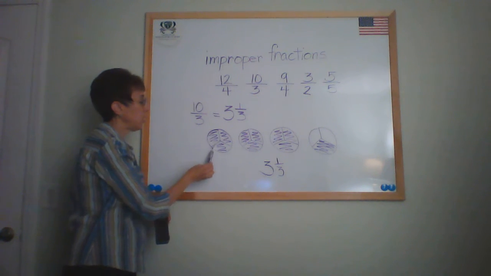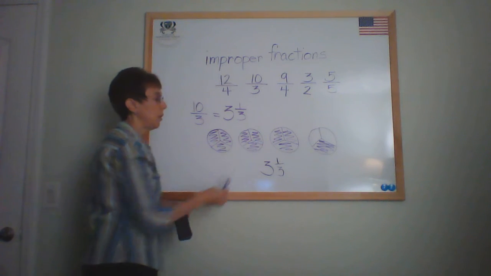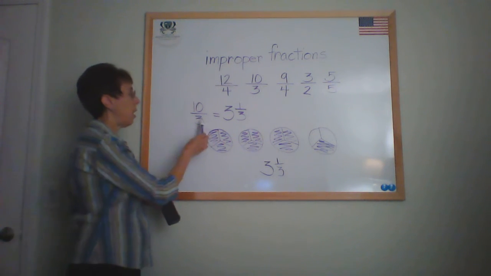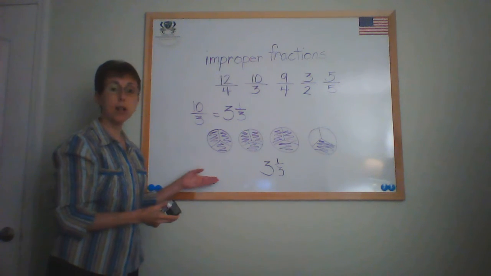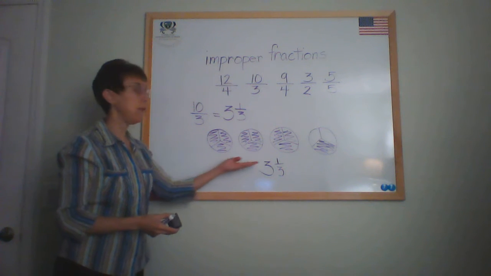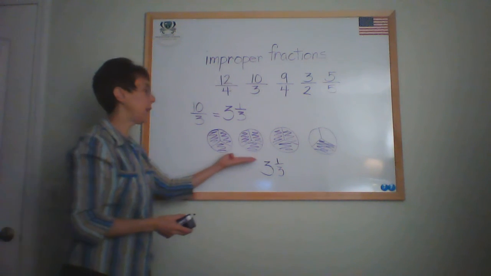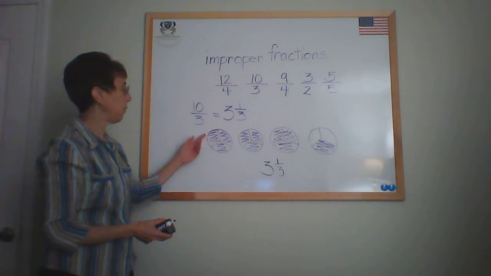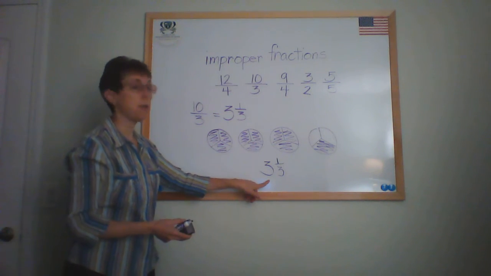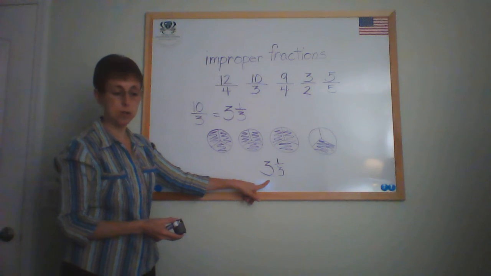But I do need to show that they're divided into thirds. Remember, when you're working with improper fractions and doing your illustrations, you need to show how many parts each figure must have. In this case, you need to show that each figure has thirds. Then when they're shaded in, you can see that you have 3 and 1/3 shaded in all together.